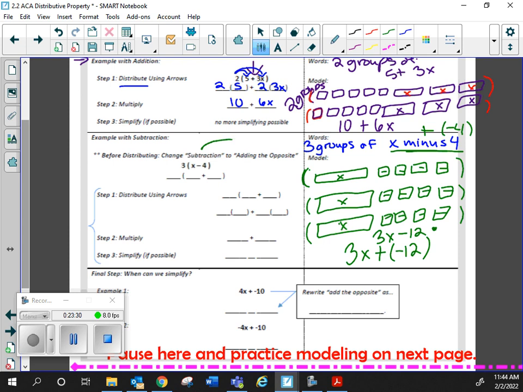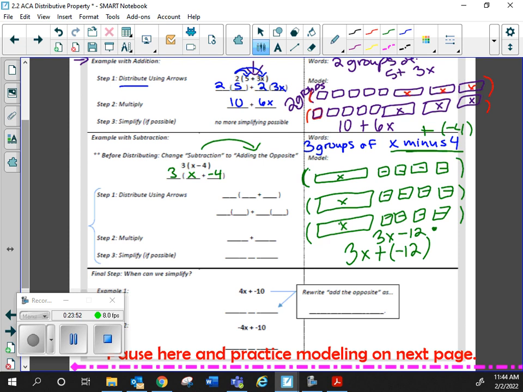First, like the notes, they know me so well, I don't like subtraction. I like adding the opposite. So I'm going to first rewrite it. 3 groups of X minus 4 is the same thing as 3 groups of X plus negative 4.